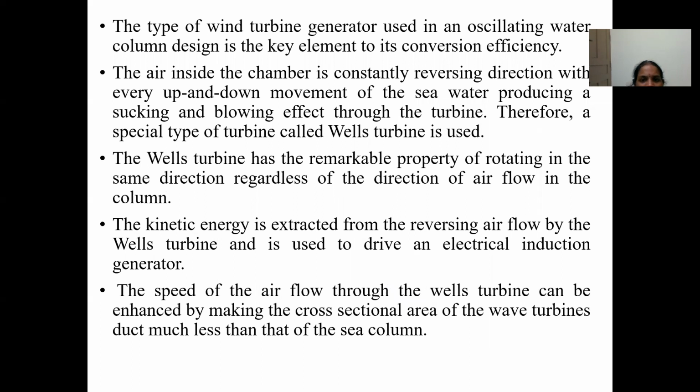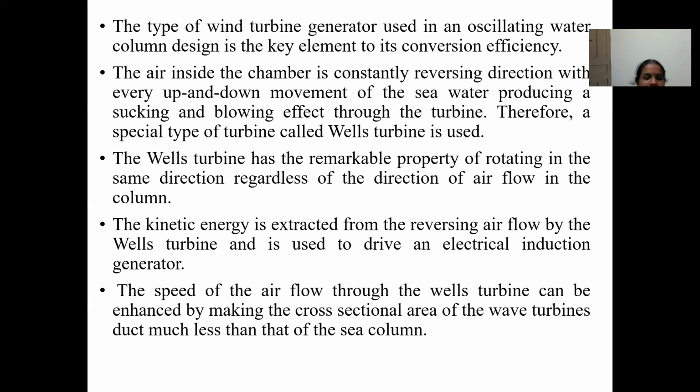This type of wind turbine generator used in an oscillating water column design is a key element to its conversion efficiency, which is higher. The air inside the chamber is constantly reversing direction with every up and down movement of the seawater, producing a sucking and blowing effect through the turbine. Therefore, a special type of turbine called the Wells turbine is used.